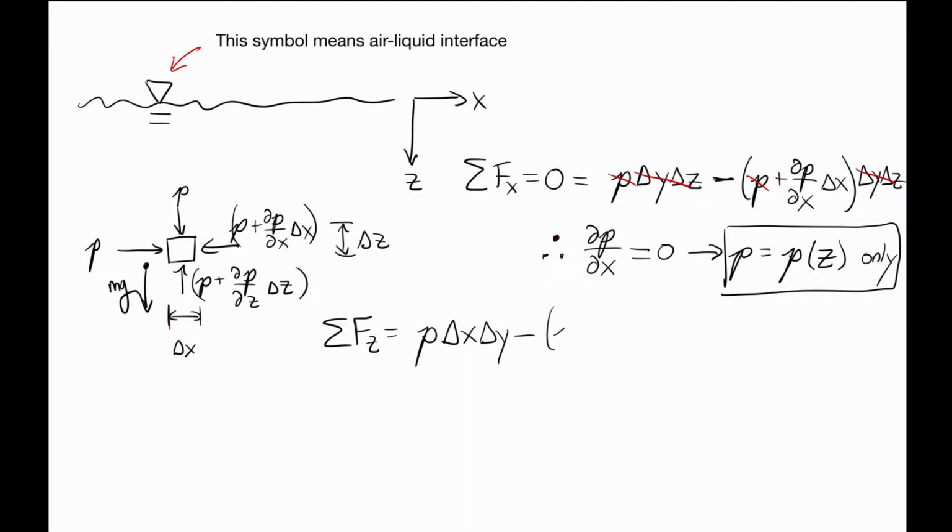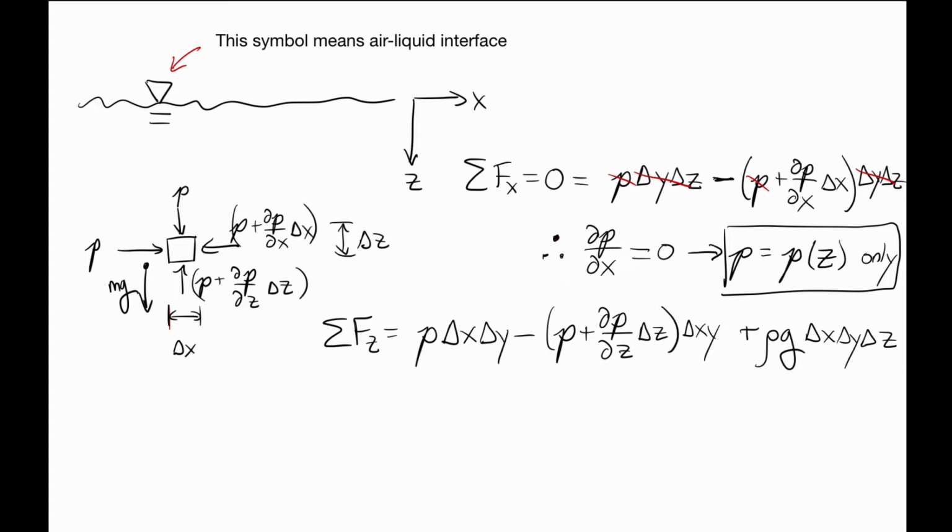So that's p times delta x delta y, minus the one in the other direction, p plus dp/dz times delta z, times its area, delta x times delta y. We'll account for the gravitational portion, which is in the positive z direction because of the way I defined the z-axis. So that's rho times g times the volume, which is delta x, delta y, delta z.